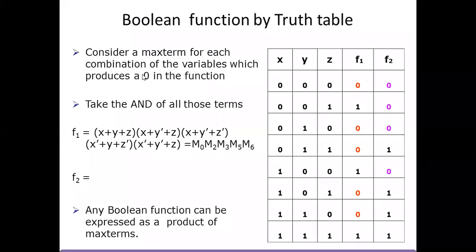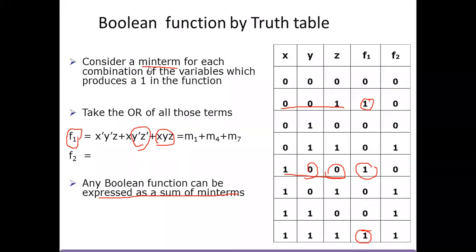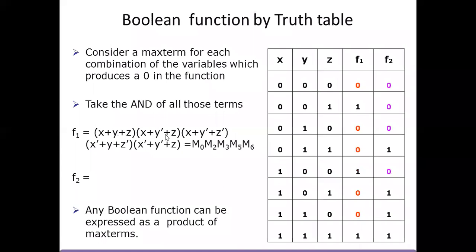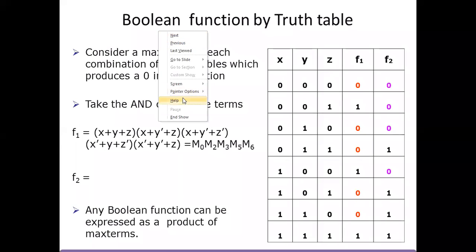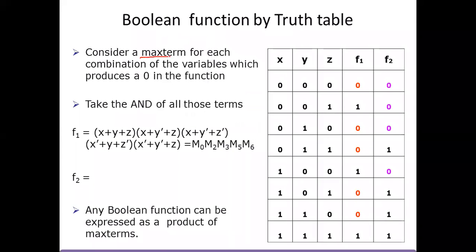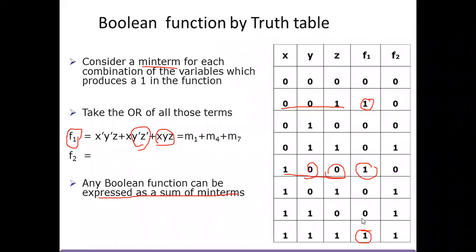For any Boolean function, we can express it as a sum of min terms. You have to consider there are two ways. You can write a function as a sum of min terms, or you can write a function as a product of max terms. When you are considering max terms, we are considering zeros. Previously we considered ones when considering min terms.